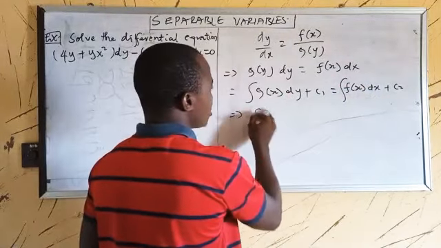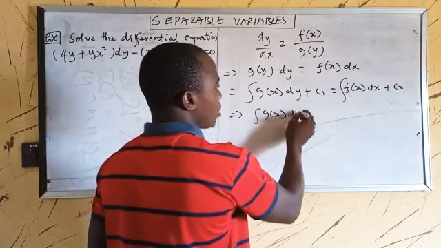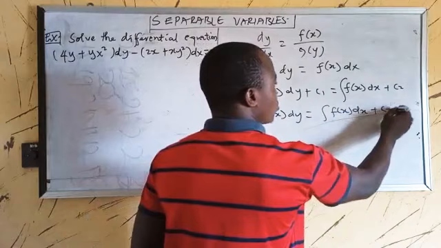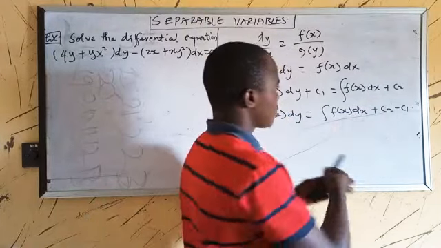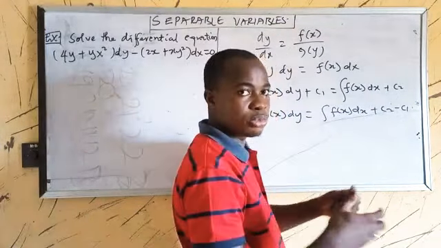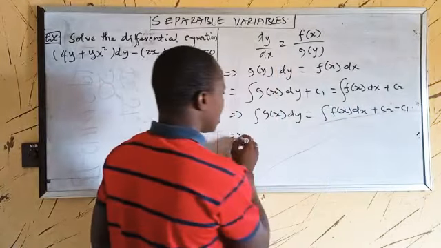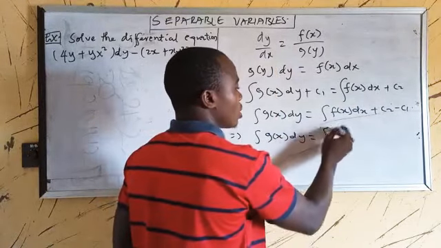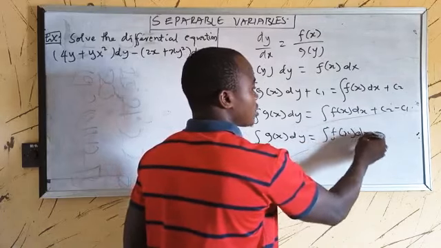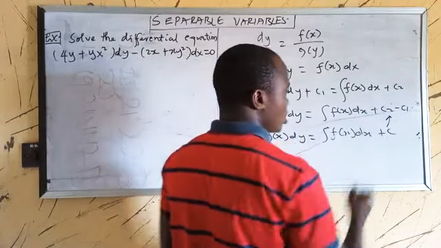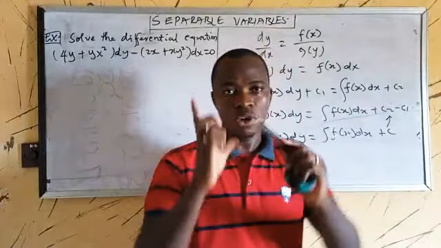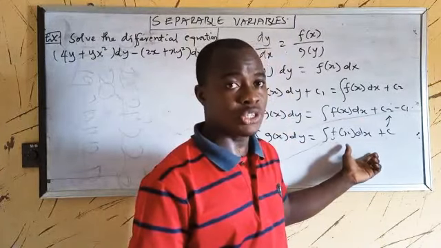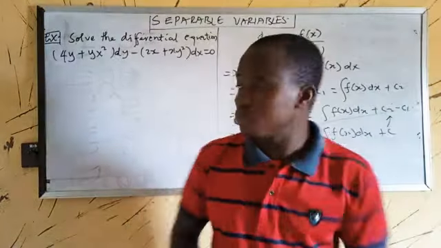So we have the integral of g(y) dy equals the integral of f(x) dx plus c2 minus c1, because these are constants, so we bring them together. Therefore we call c2 minus c1 just one arbitrary constant, c. So this is the method we follow in solving problems like this.